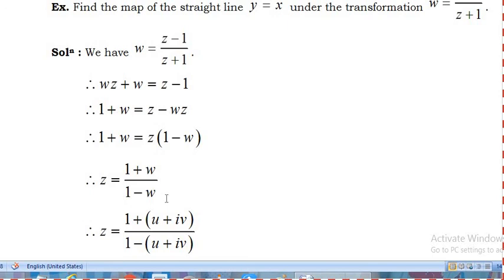As we are given w in terms of z, we have obtained the inverse transformation, z in terms of w. Already we have seen both the inverse and the original. If the first transformation is bilinear, then the inverse transformation is also bilinear. This is one illustration.